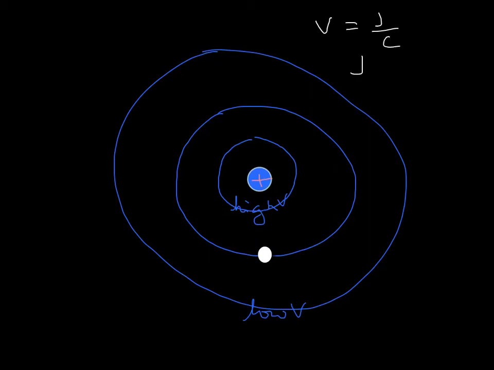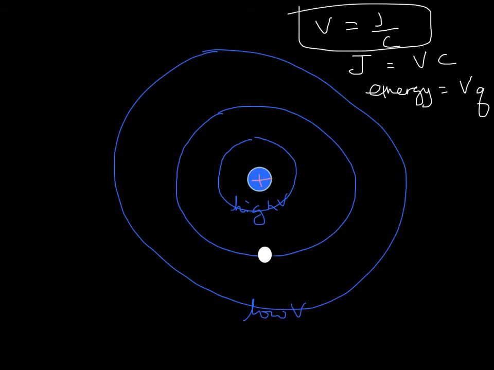You can also get your joules by multiplying your volts times your coulombs. So your energy is equal to your volts times your charge. But that's just a rearrangement of this idea here. So that's just a rearrangement of the equation, but it's another way to get how much energy or how much work.